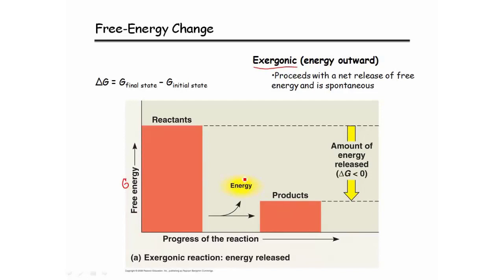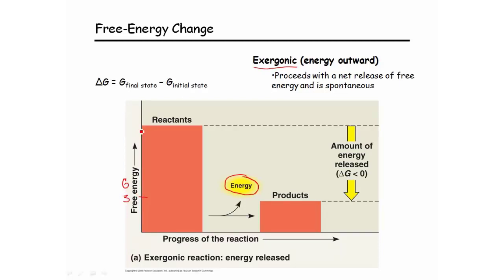So this decrease in energy comes about because energy is going to be released. As we see this little arrow point out, that's saying that energy is being released in this process, which is where the term exergonic comes from. By exergonic, we're saying energy outward, or energy is coming out of this particular reaction. We could put some numbers on this scale over here.